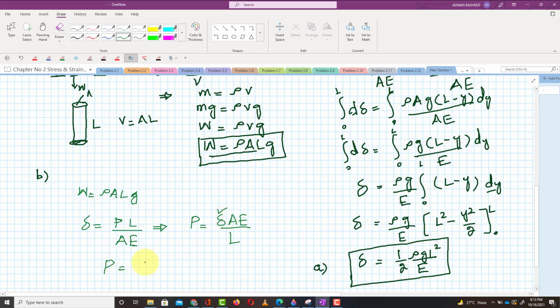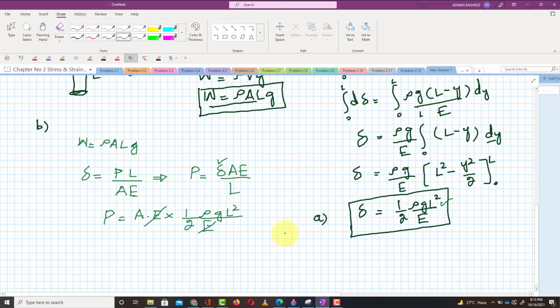So P is equal to A into E. This change in length was one over 2 rho G L square over E. Clear? And again, if you look, E will be cancelled, so this P will be equal to half of rho A G L.